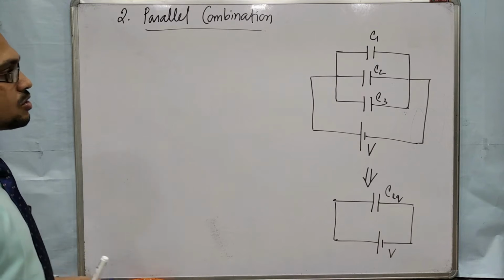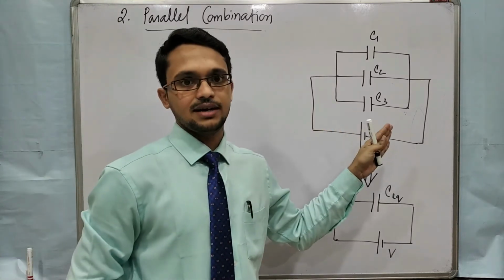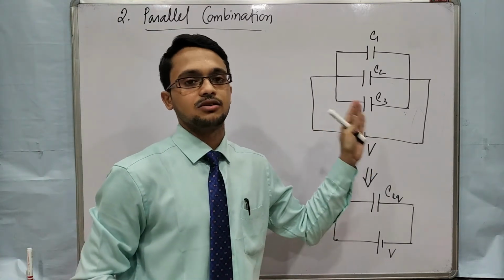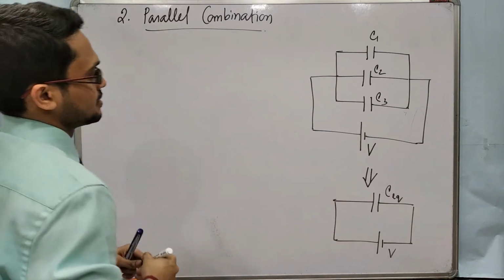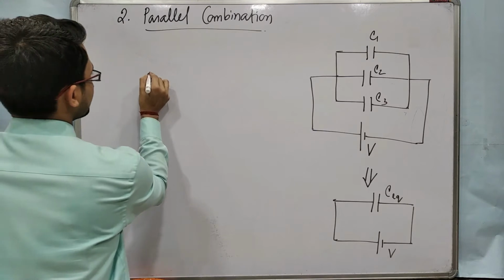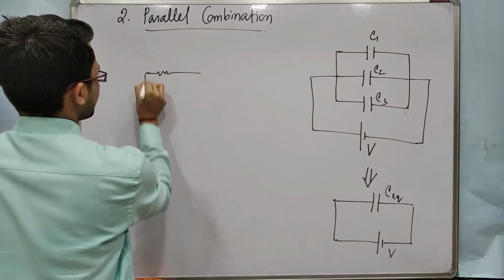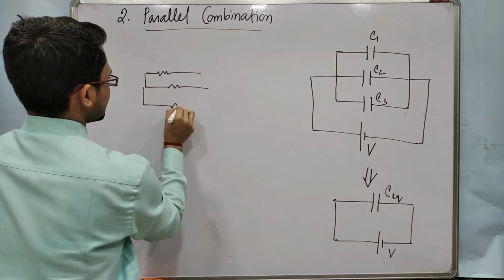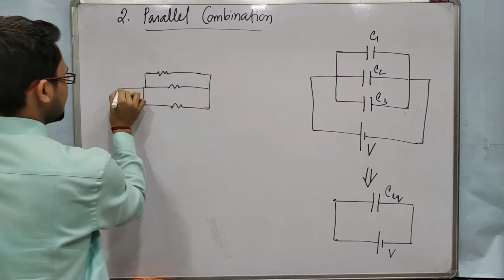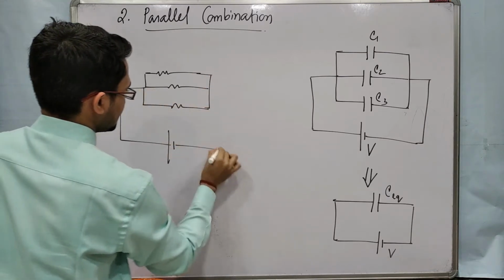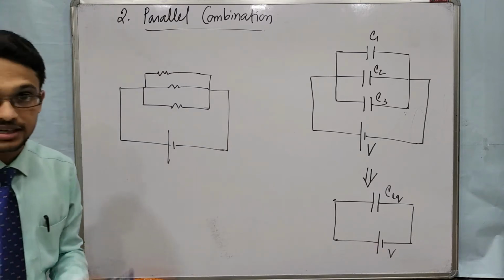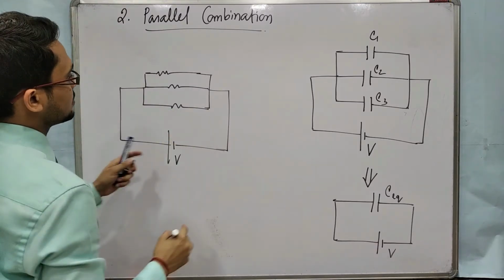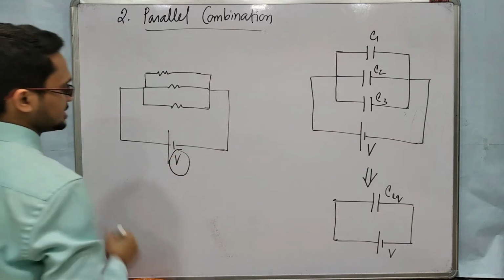Clear? So here again we have to understand which physical quantity remains constant in this case. You have already done resistances in parallel. If they are connected with an external battery, then which physical quantity remains constant here? The physical quantity that remains constant is the potential.